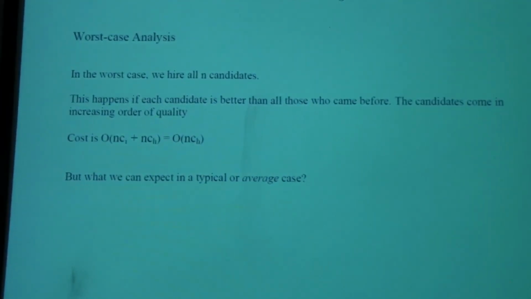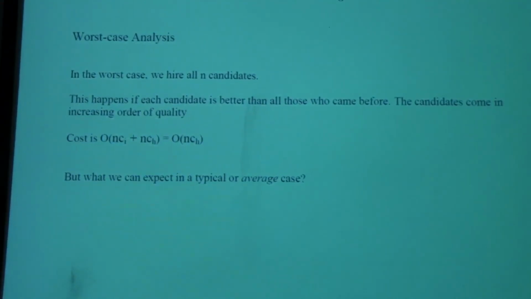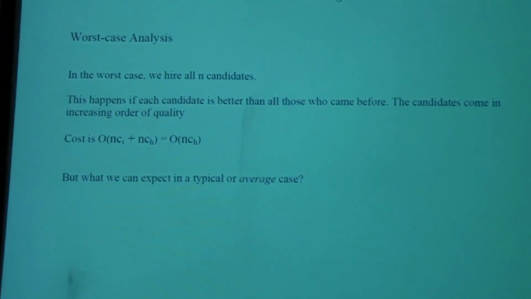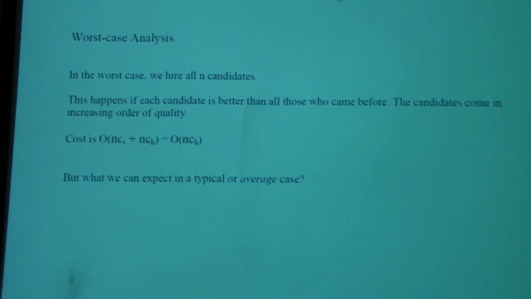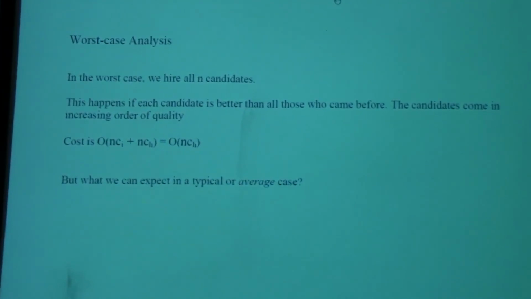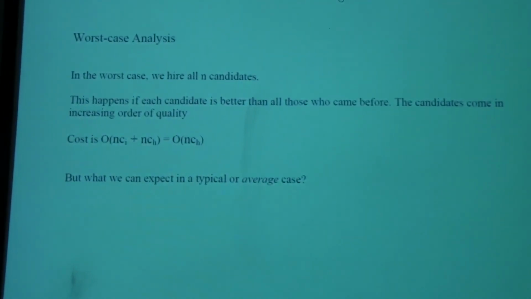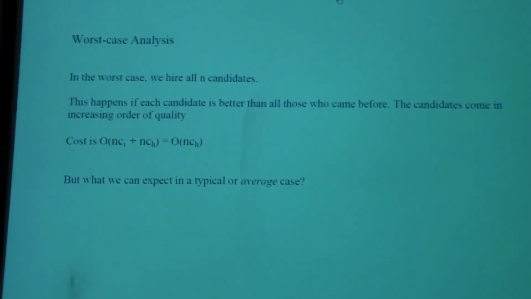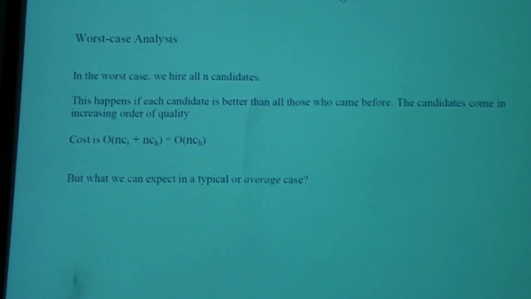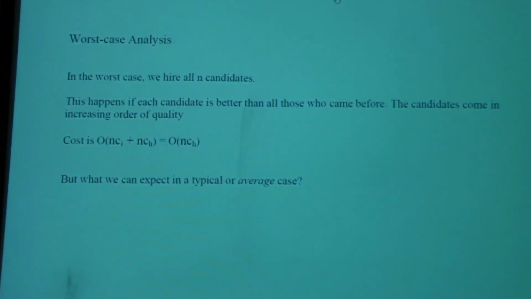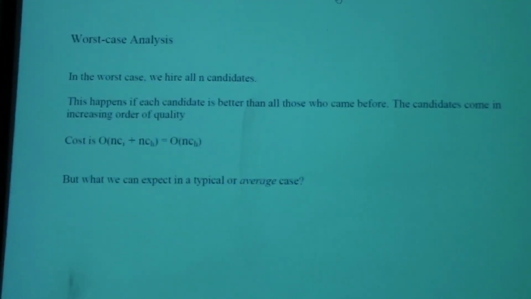Okay, so the probability of hiring the first person is certain. We only hire the second person if they're better than the first person. So that means out of 2 random people, what's the probability of them getting hired? 50%. How about the third person?